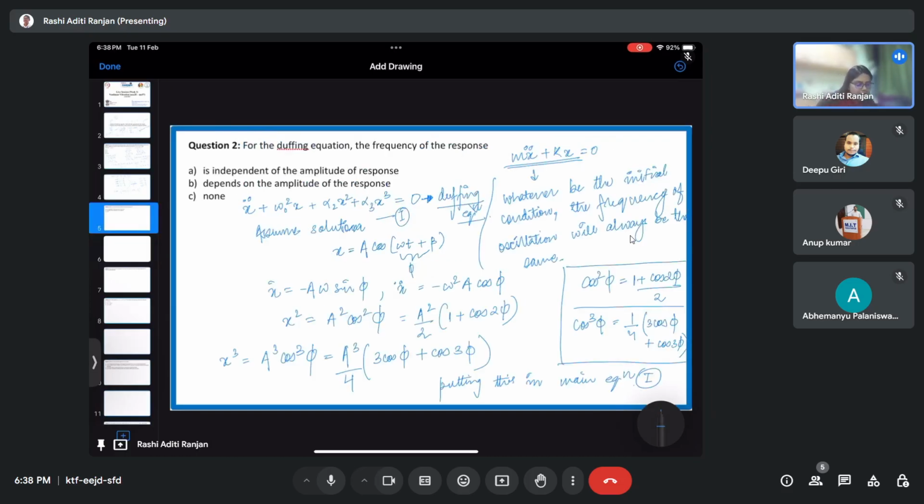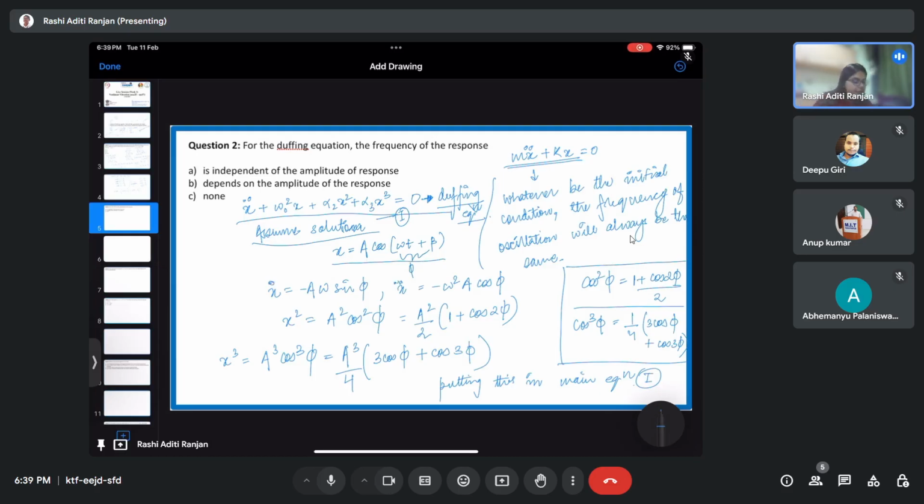Did you realize what I did? I had one equation of motion, which is a Duffing equation. I assumed that my solution is periodic. So I assumed my solution as A cos omega t plus beta, wherein I have considered omega t plus beta as phi. Then I found the differentiations with respect to time, x dot and x double dot.